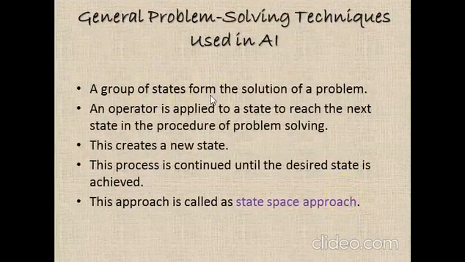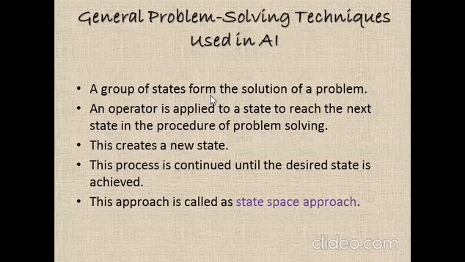We have seen that a solution can be expressed in a state space diagram as a collection of different states, starting with the initial state and ending with the goal state. Then we can use operators to change the state, and this process is being repeated.